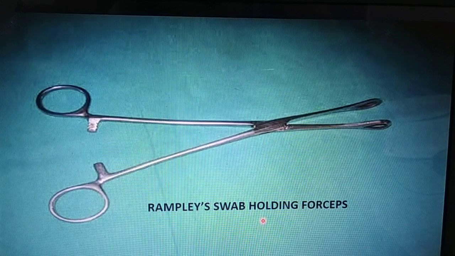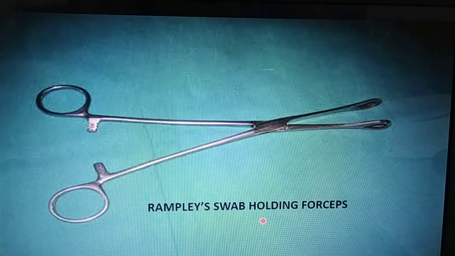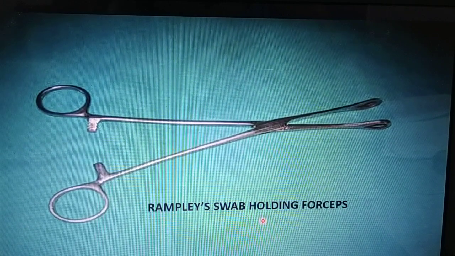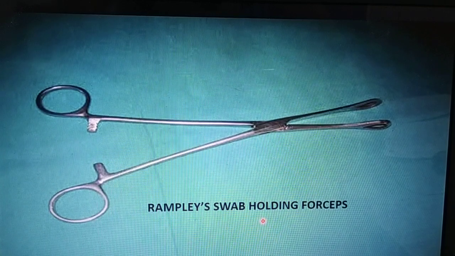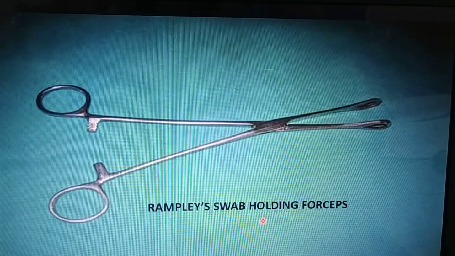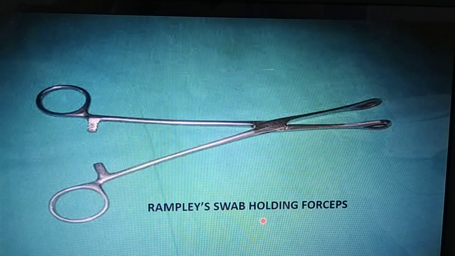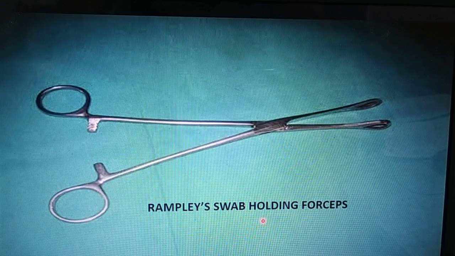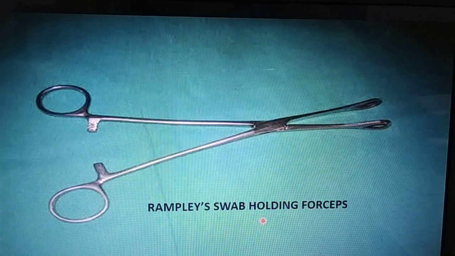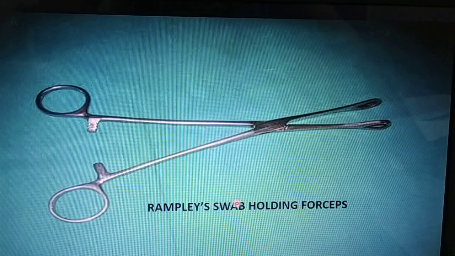It is used for holding a swab which is used to clean the blood during dissection of Callot's triangle during cholecystectomy. It is used to hold the fundus and Hartmann pouch of the gallbladder during cholecystectomy.